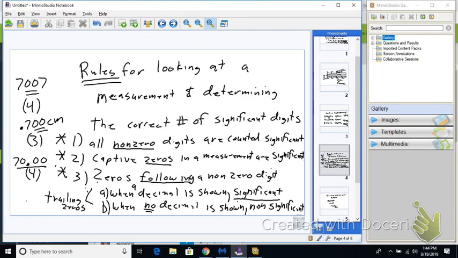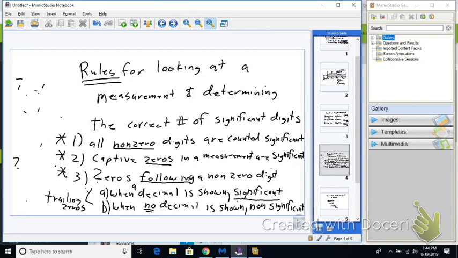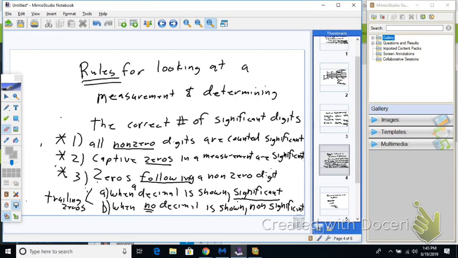Okay? If we don't have a decimal shown in a number and the zeros are trailing, like 70,000, no decimal, one significant digit.